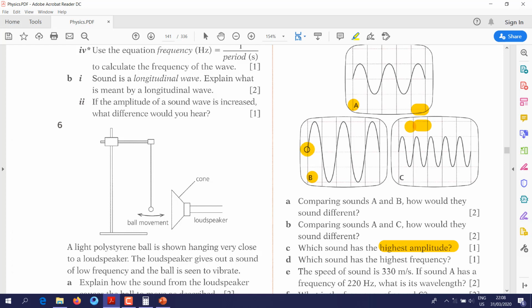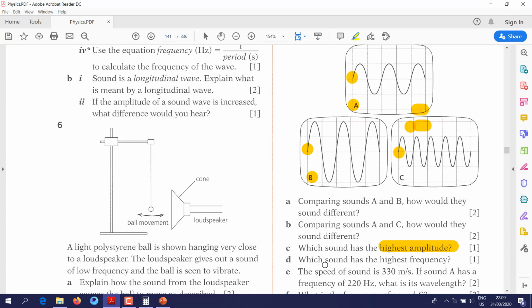This is the rest point, and rest point. Which one goes more? This one goes only one square, but this one goes two squares. So which one has the highest amplitude? The answer is B.